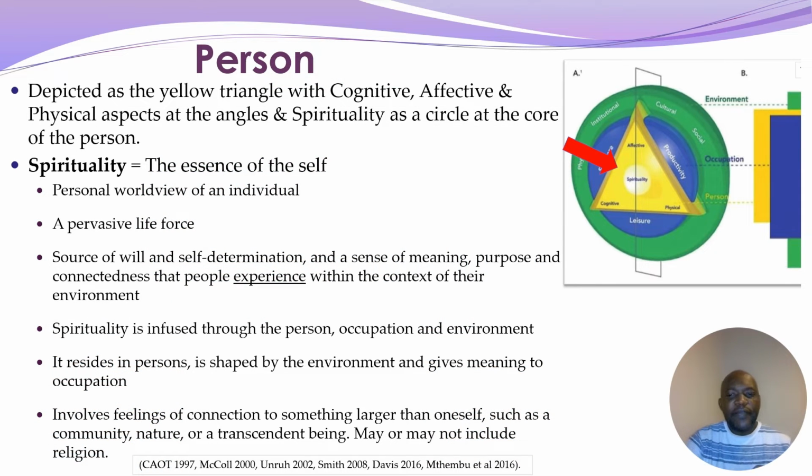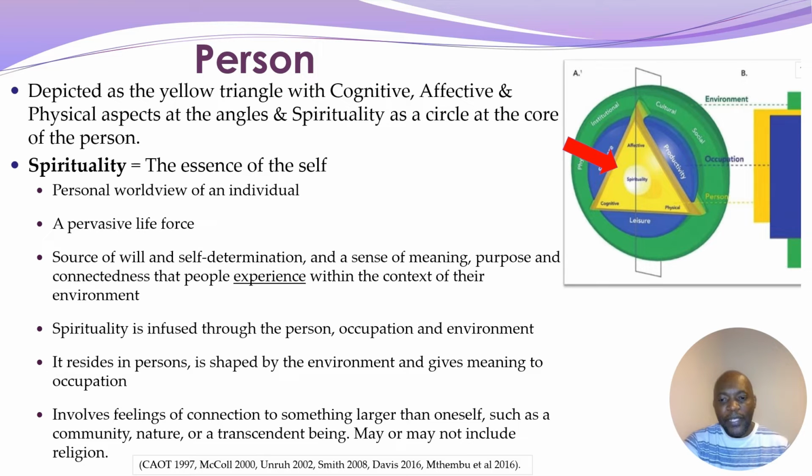Moving on to the different components of the CMOP-E, the first one is the person. As shown in the diagram, the person is represented by the yellow triangle, and it has 4 aspects. There are cognitive, affective, and physical aspects situated at the angles of the triangle, and then at the center, or at the core, there is spirituality.